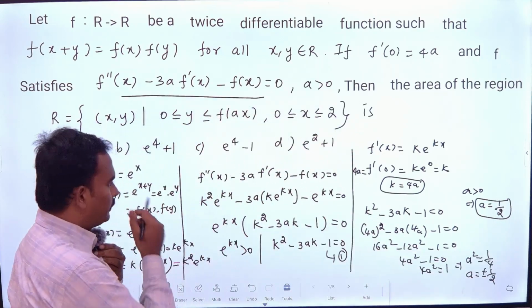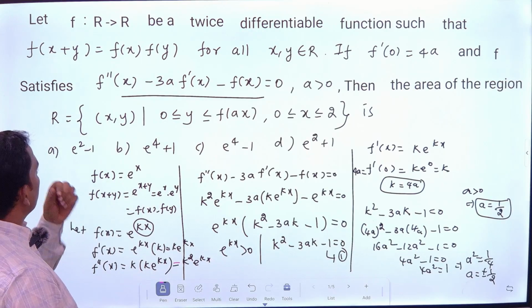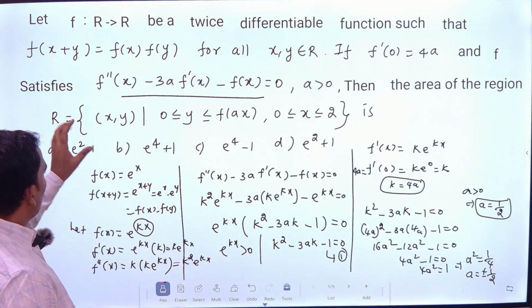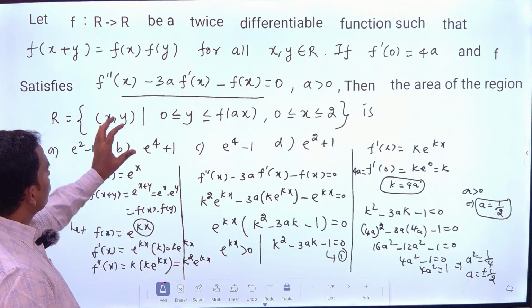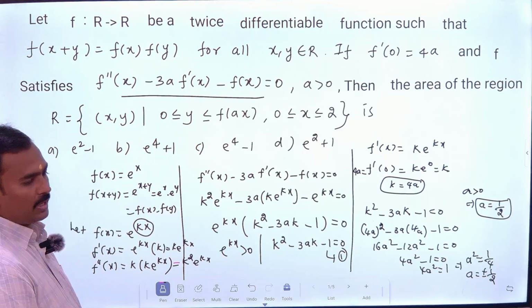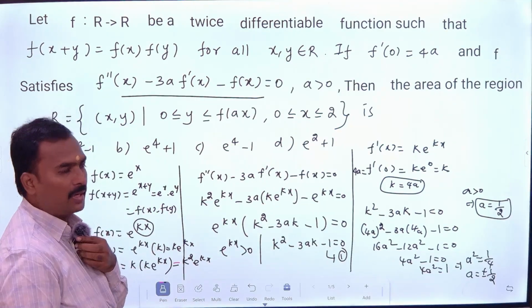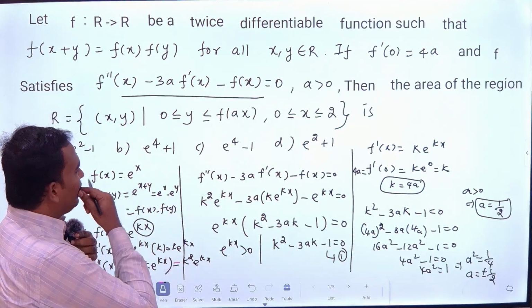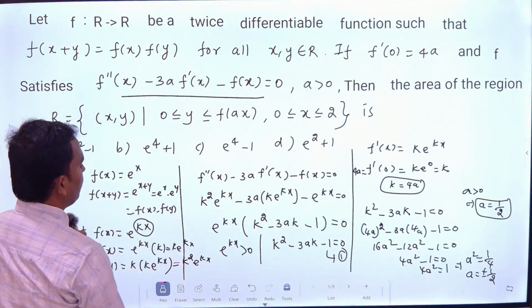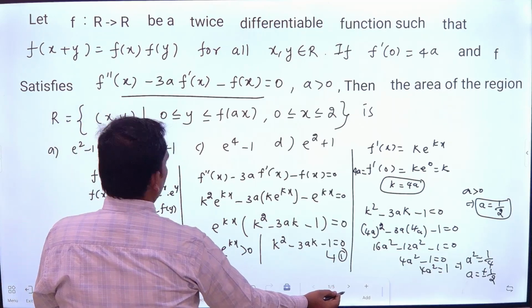Okay, let's come to the discussion on the area under the curve. The region is given as the collection of all x comma y with y from 0 to f of ax, and x from 0 to 2. How to draw this graph? I'll take another page.